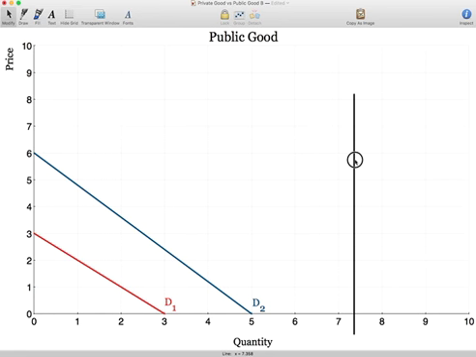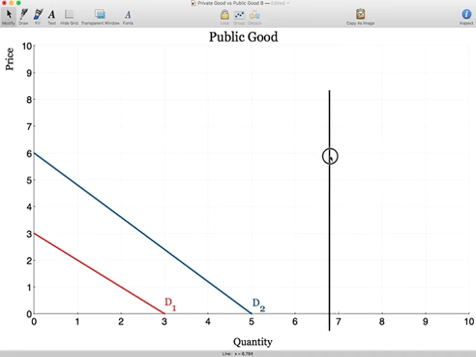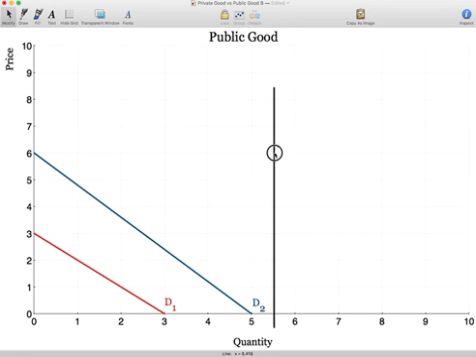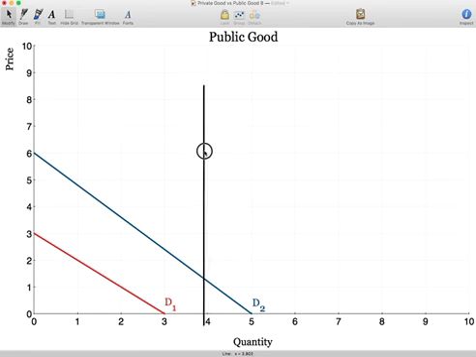So if we do the same thing here, for any quantities above 5, neither one of these is operational. As the quantity falls, we reach the point where we intersect D2. So the market demand for this public good is only going to be D2 for quantities between 5 and 3.